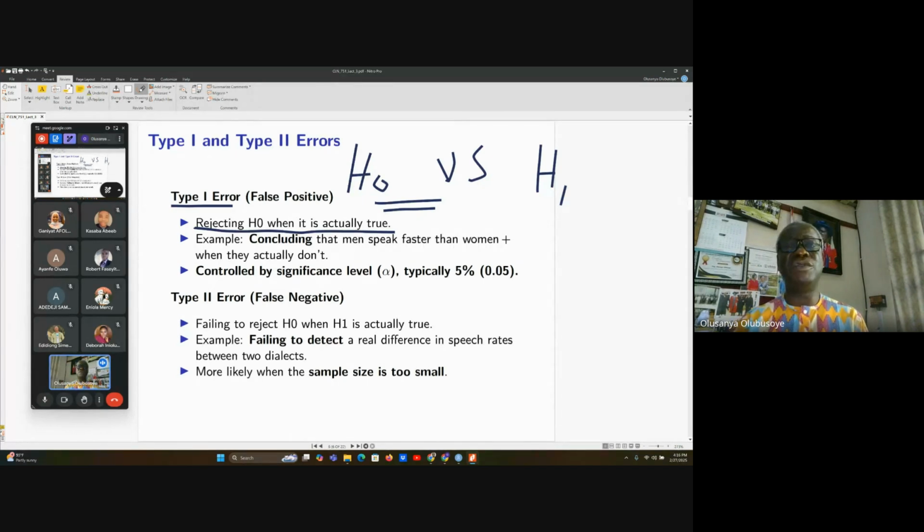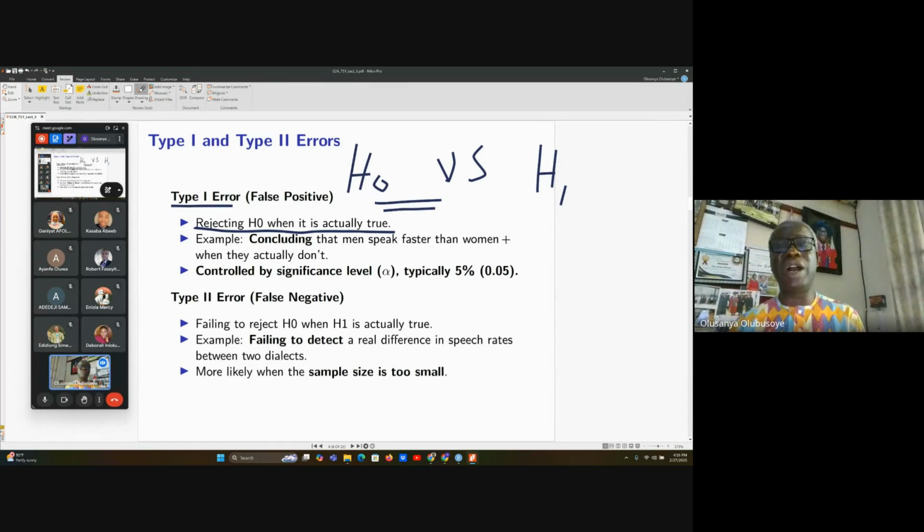Example, if you compare your p-value and your alpha, and you conclude that men speak faster than women, when they actually don't, then you have committed a type 1 error.